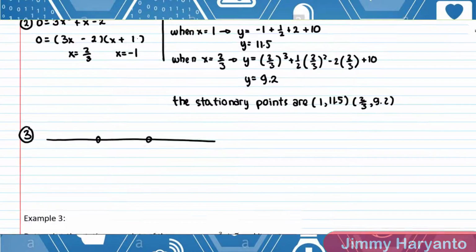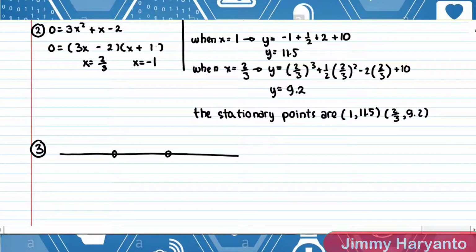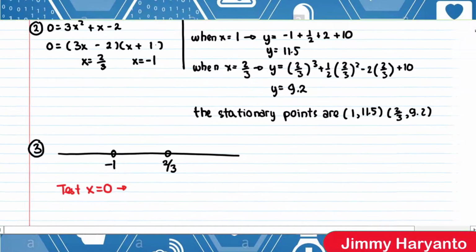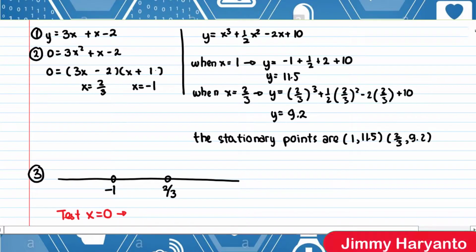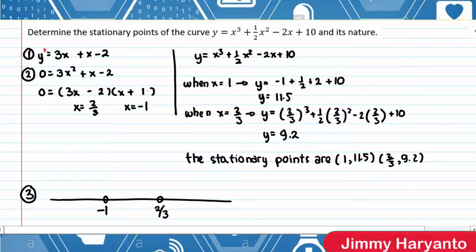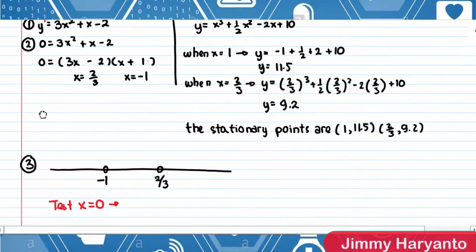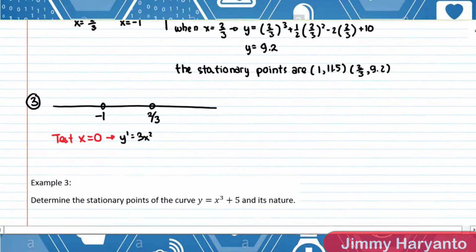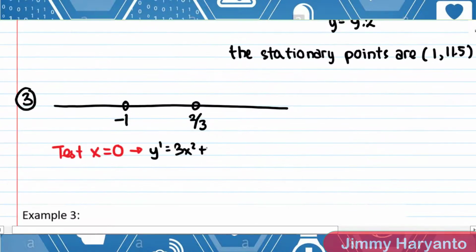Okay, good. Next you have to put x equals -1 and also x equals 2/3 into the number line. Next step, test for a value of x. Let's say x equals 0, and then you test it into the first differentiation. The first differentiation is 3x squared plus x minus 2.